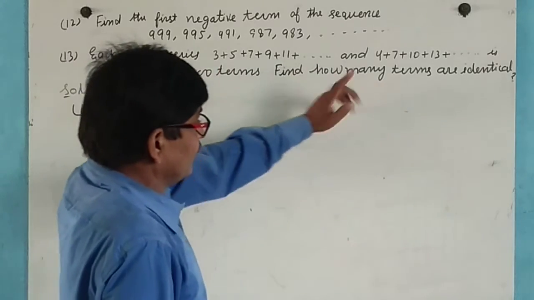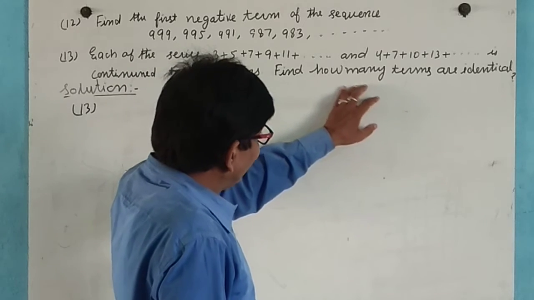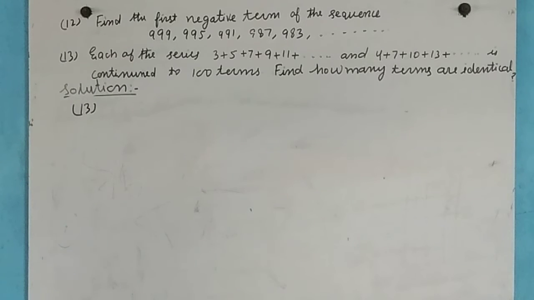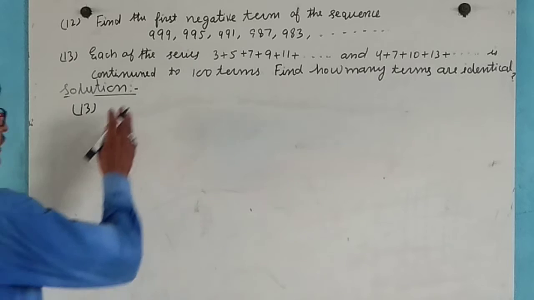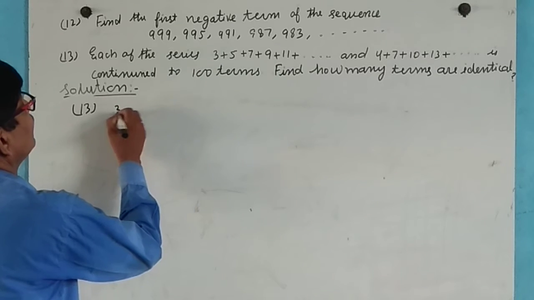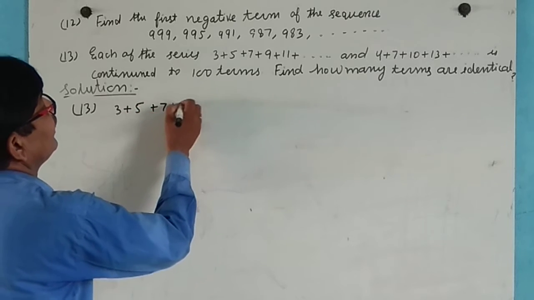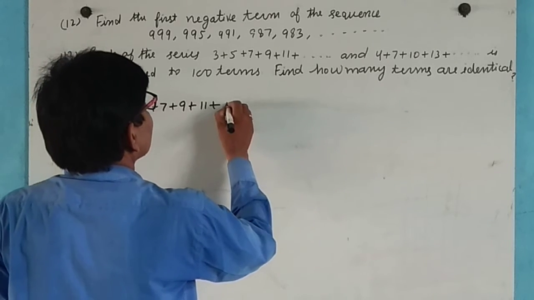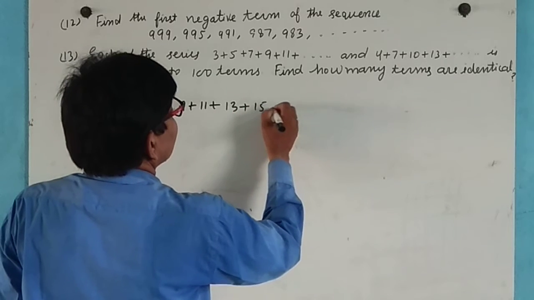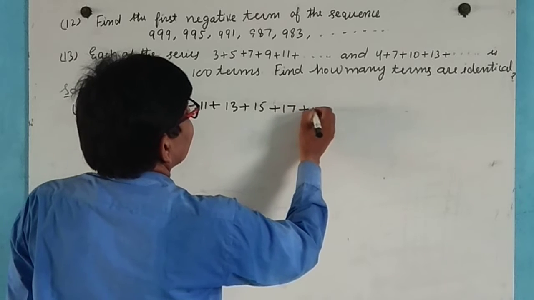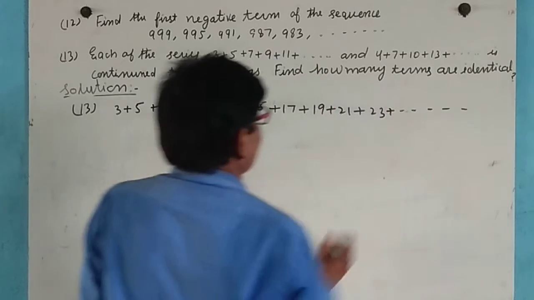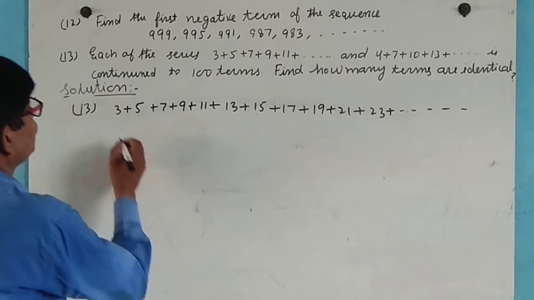When the series is written up to 100 terms, how many terms are identical, that is, how many terms will have the same value? First of all, the first series is 3, 5, 7, 9, 11, 13, 15, 17, 19, 21, 23 and so on.